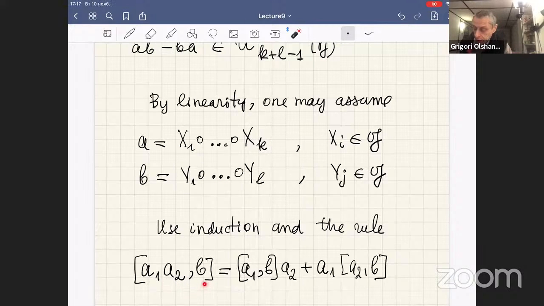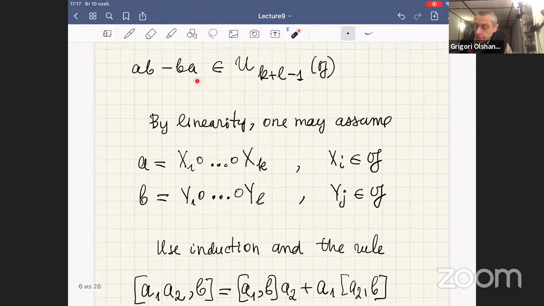If you take a commutator between some product and some other element, we can apply this rule. And using this, it is easy to see by induction that we have this desired property.